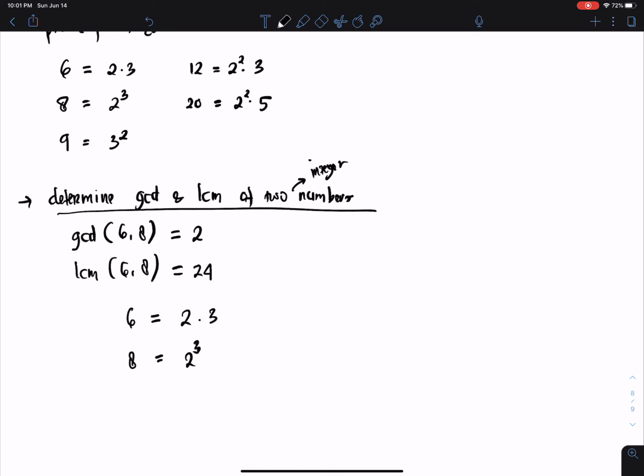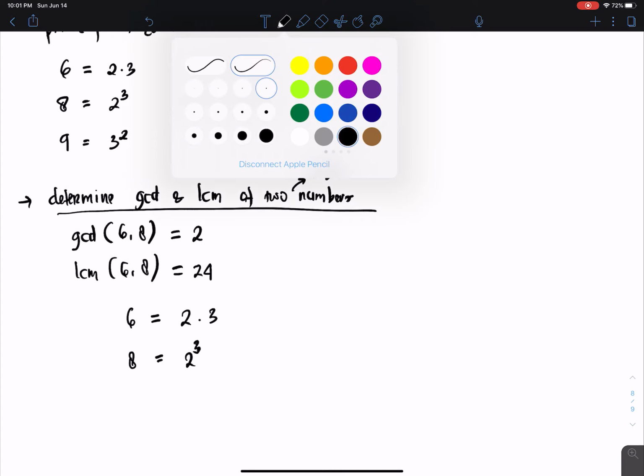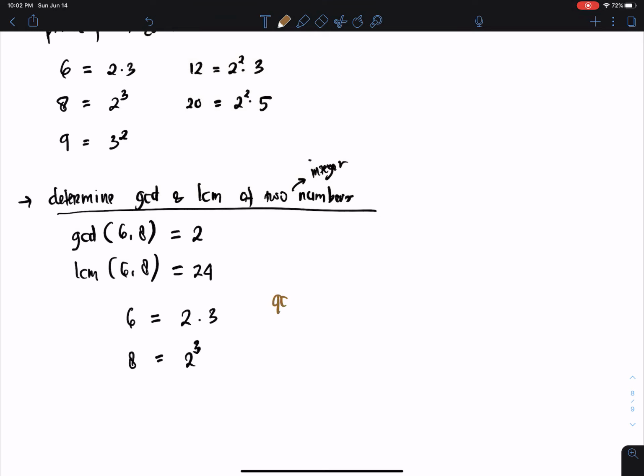For the GCD, we look at the common prime factors of 6 and 8. In this case the common prime factor is 2. 3 is not common, because 8 doesn't have 3.